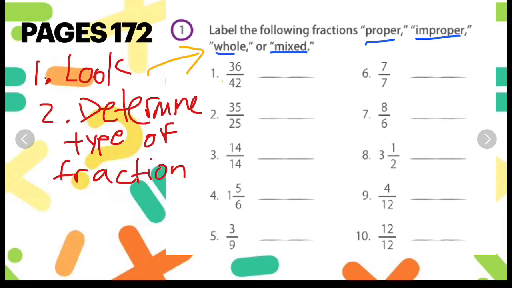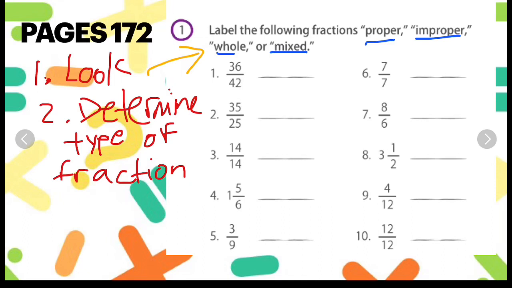Now, on number 1, it says 36 over 42. Is this a proper fraction, improper, whole, or mixed? Remember that a whole has the same numerator and denominator. Mixed, remember that there's a whole number with a fraction.